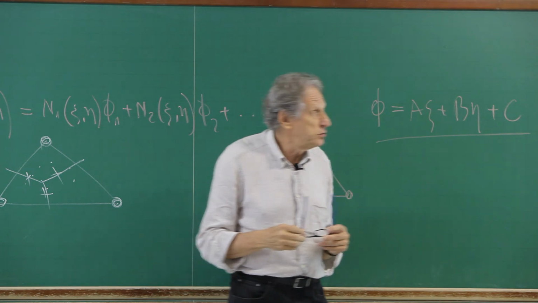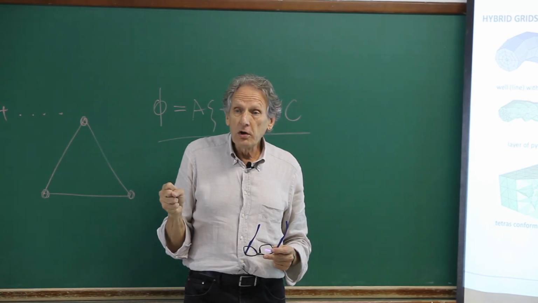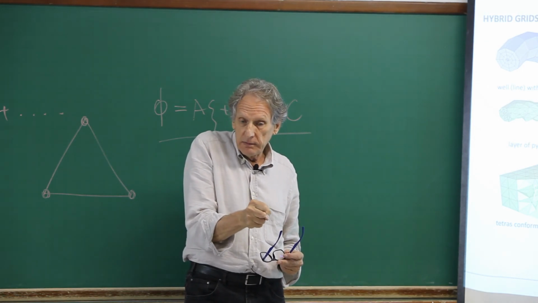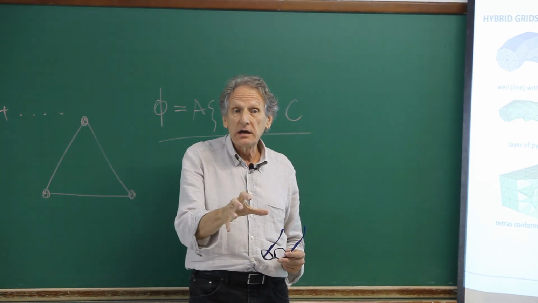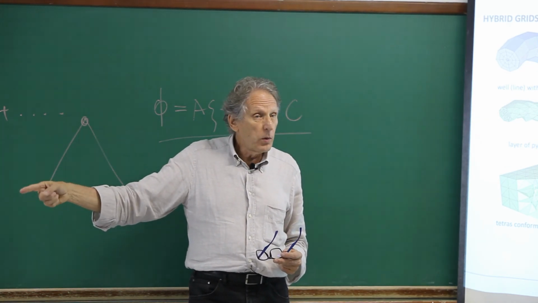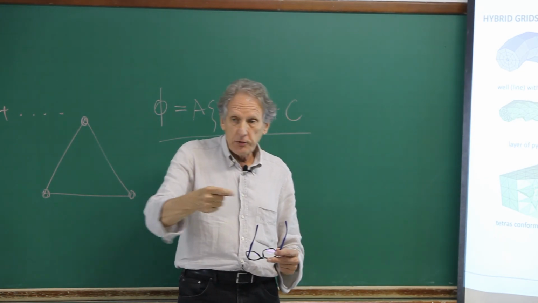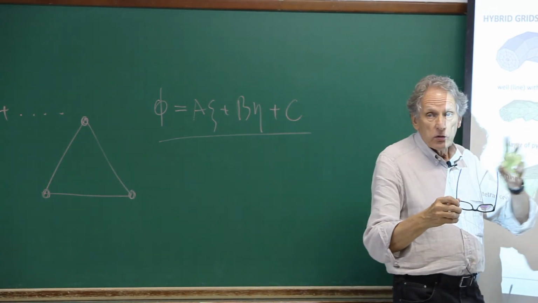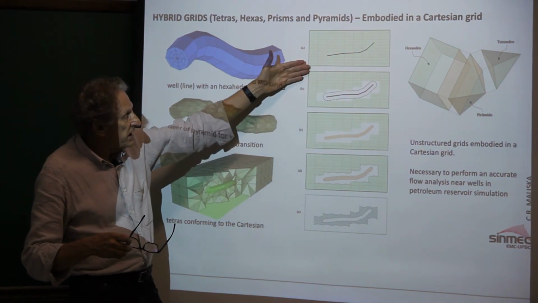What is possible to do is to extract some control volumes which are Cartesian and put an unstructured grid in this hole that you made by extracting Cartesian grids. An unstructured grid which follows what we saw before: axes, like a polar grid around the well, and then a transition from axes to tetras using prisms, and it will be something like that.